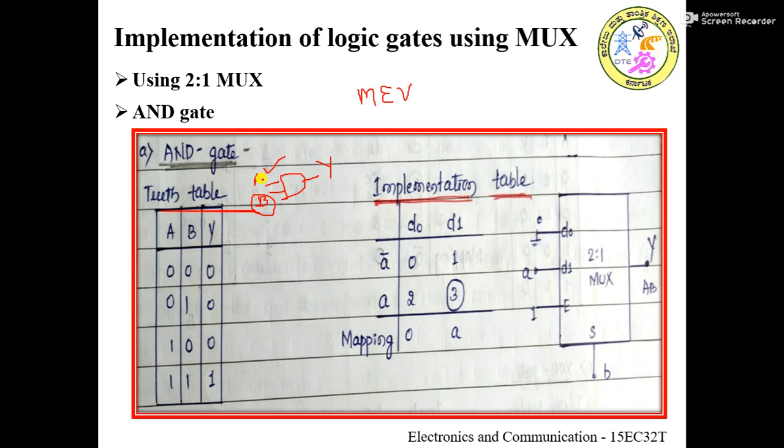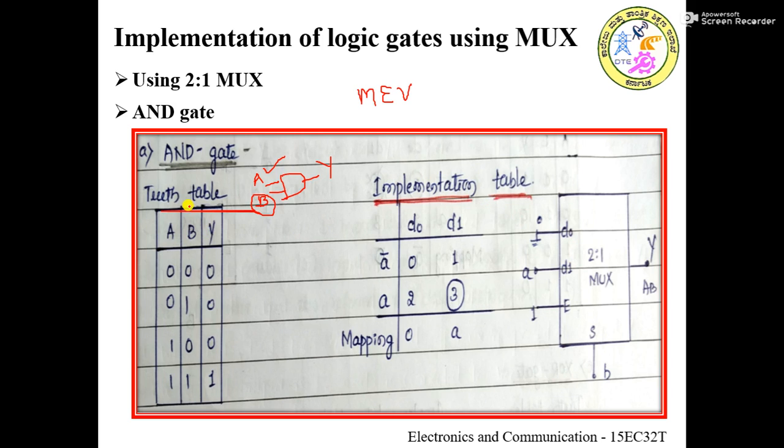So the inputs of the 2:1 mux, that is D0 and D1, are mapped with A, using an implementation table here.